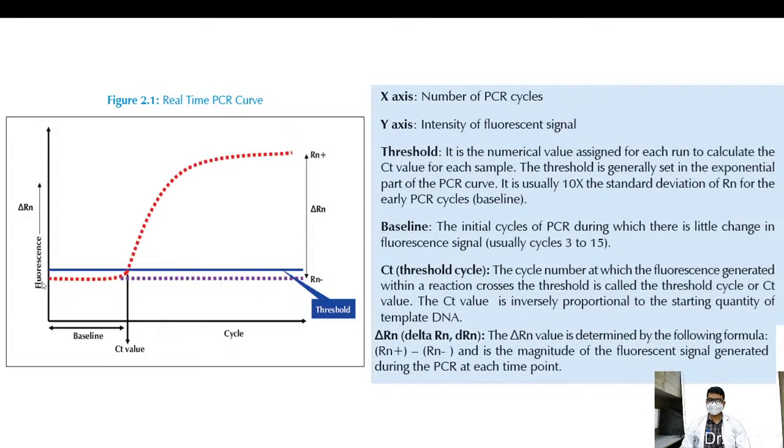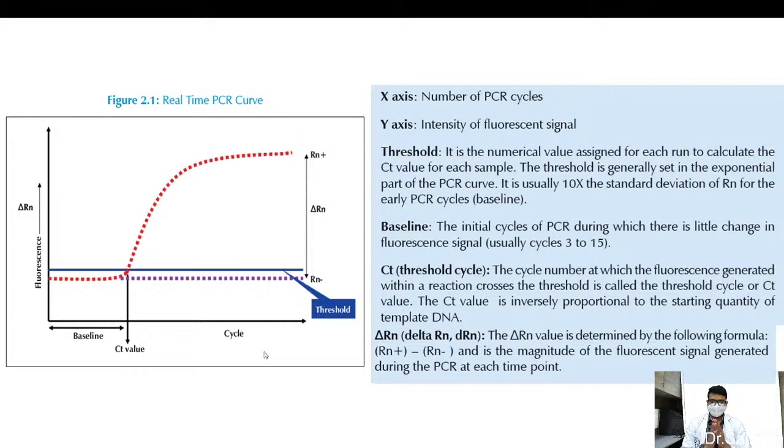These fluorescent probes are used in detection. You can see on the y-axis the change in fluorescence, the delta R, which is the fluorescent signal generated during the PCR process, and the x-axis shows the cycle number.